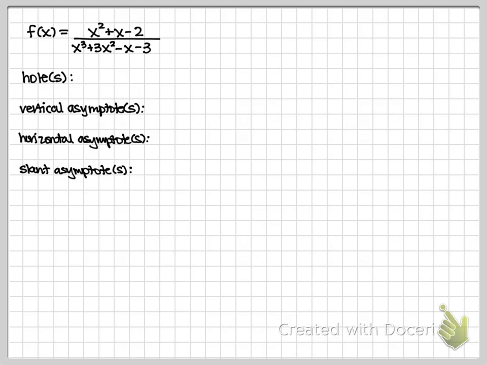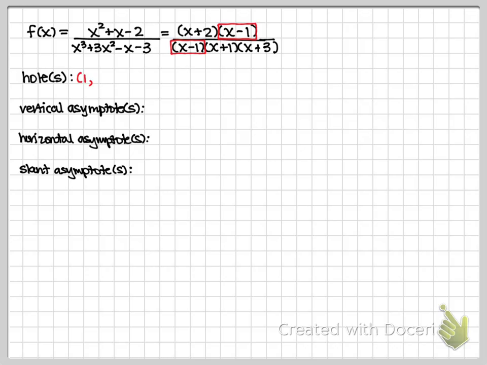First thing I always do is go through and factor. So why don't you go ahead and pause this, see if you can factor it and see if you match mine. Okay, now that it's in factored form, I'm going to go through and see if there's any holes, which there are. It's right there. So we have this x minus 1 and this x minus 1 match, which means I'm going to have a hole at 1 comma something.